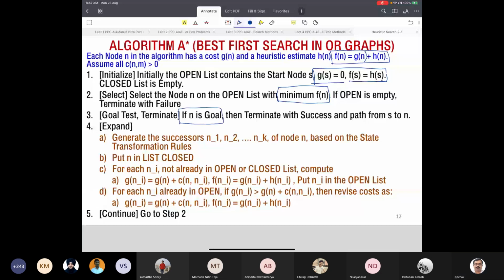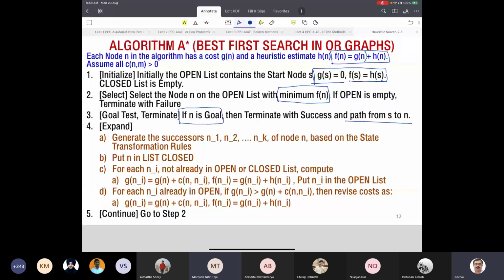Now, how do we obtain a path from S to N after we terminate? Can anybody suggest? We can trace the path from the node back to the start in the tree.